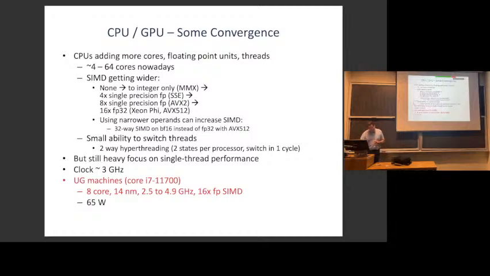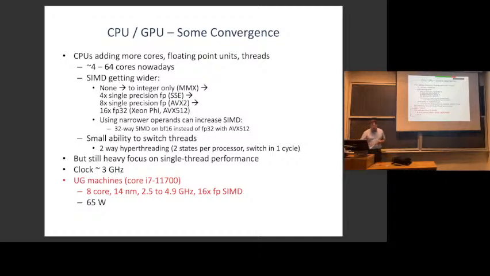Okay, so they're changing some, but they still have a heavy focus on single thread performance. Core count has also become important, but single thread performance is very important as well. Their clock is high, approximately 3 gigahertz. In lab 2, you're going to do some comparisons of a computation on a CPU, a GPU, and an FPGA.